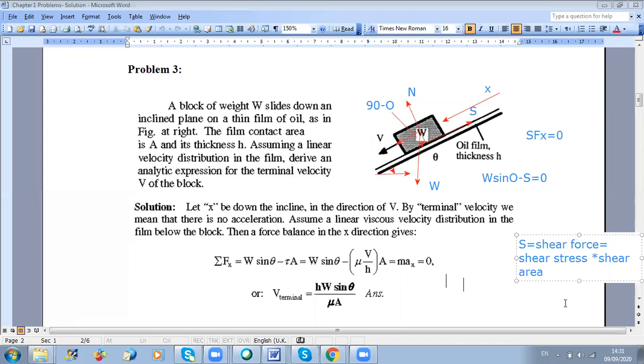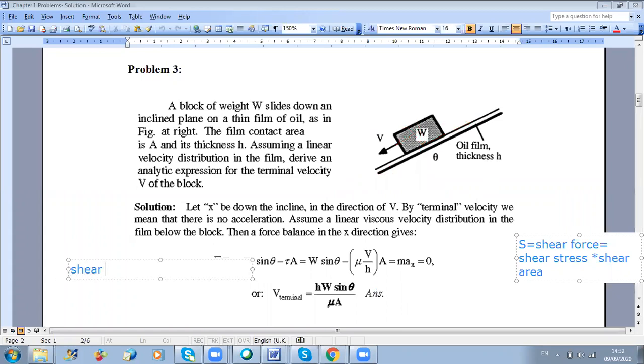Yes, very good. Let me write it here. The shear stress is equal simply to mu, the viscosity, times del u by del y. But what is del u by del y here?